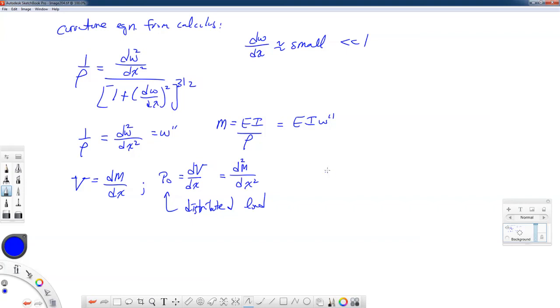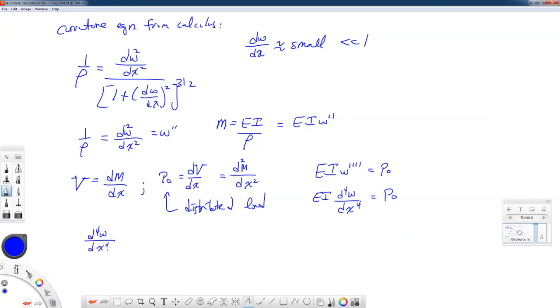So our equation then becomes, if we take two more derivatives of this, EI w to the fourth derivative is equal to the distributed load, or EI times the fourth derivative of w with respect to x to the fourth is equal to that distributed load function, which we could put all the w terms on one side, and we basically get our fourth order differential equation.